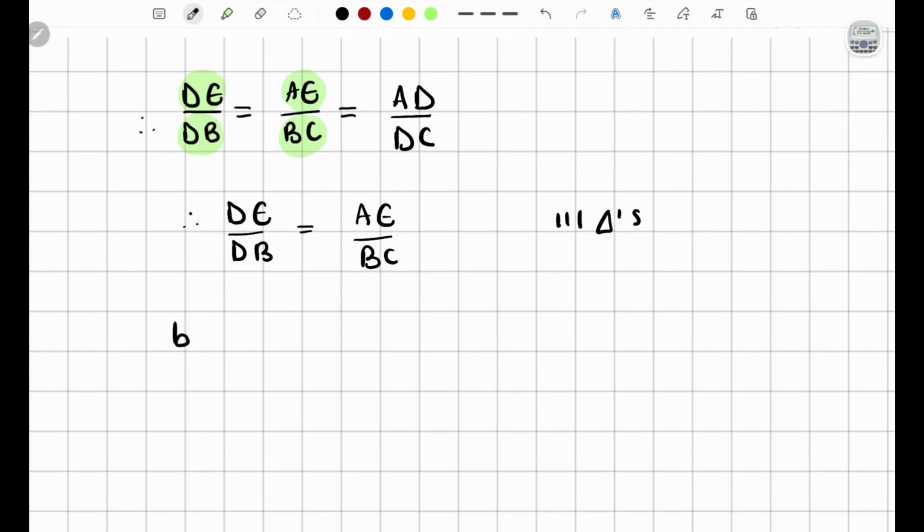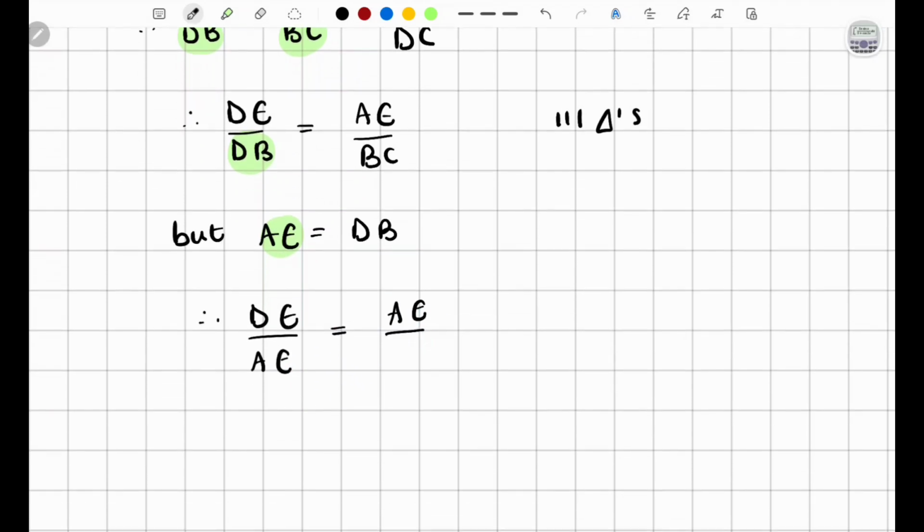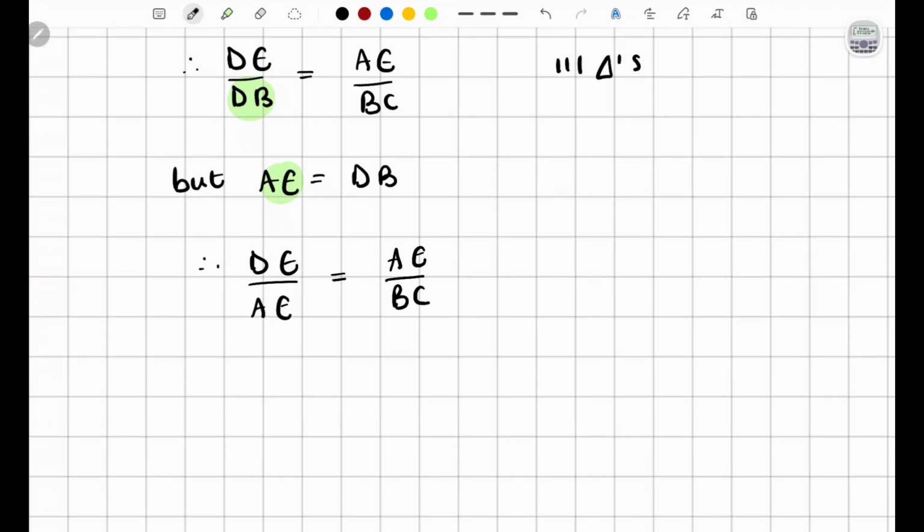And then we can finally tell them, but we know that AE is equal to DB. So wherever you see DB, replace it with AE. So this means that we have DE over, and in place of DB, we put AE, is equal to AE over BC. Then just cross multiply.